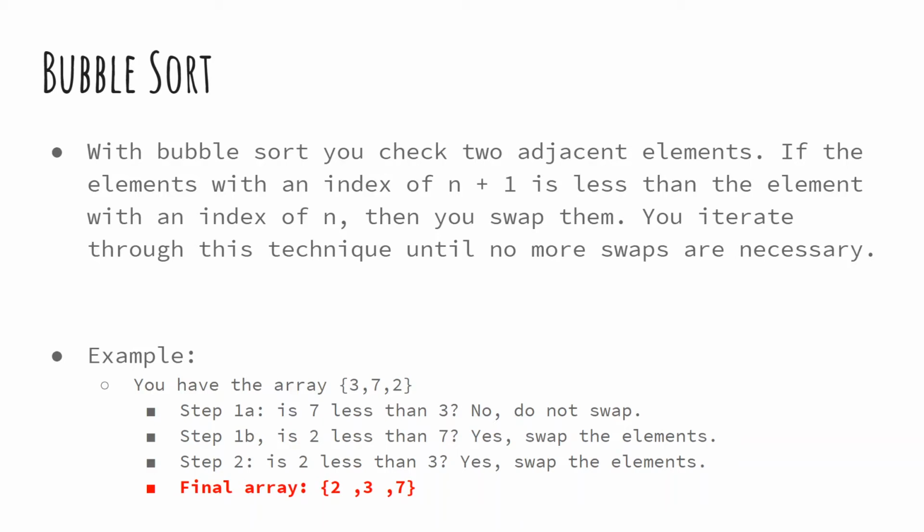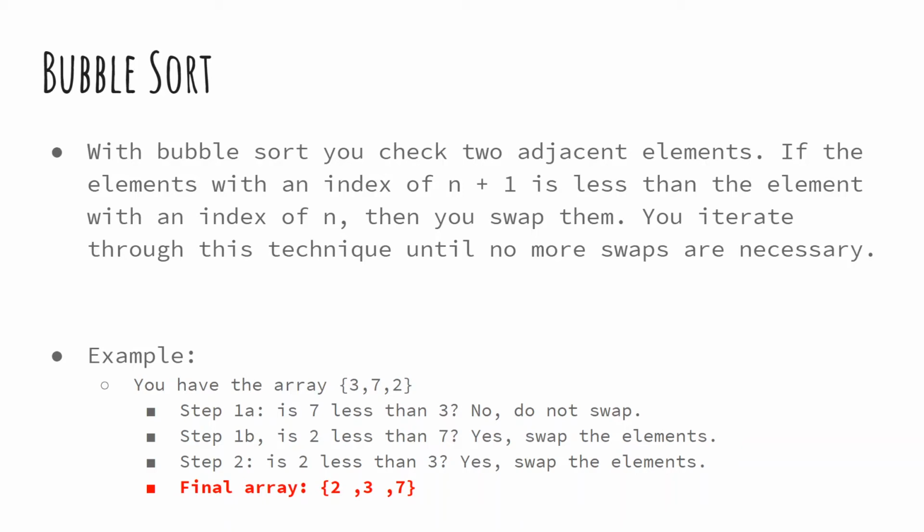So for example, if I have 3 and 1, since 1 is less than 3, I would switch it and it'd be 1 and 3. We continue doing this until you don't require any more swaps.